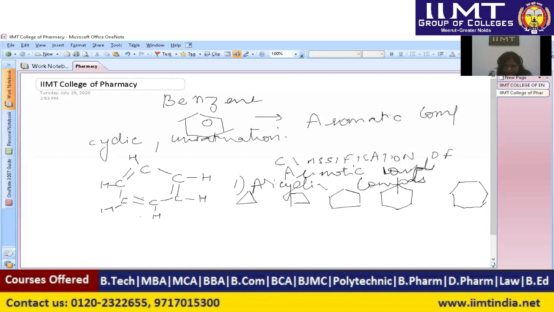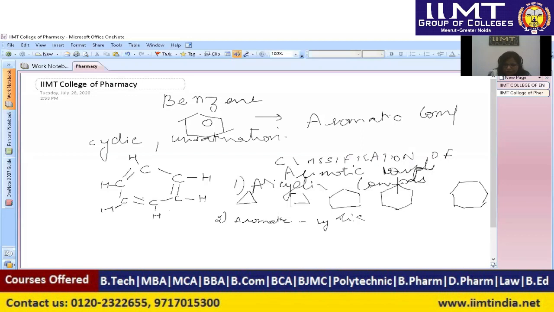The next category inside this classification, number 2, can be the aromatic structure. So first is alicyclic, now aromatic. Aromatic means it is cyclic and not a straight chain.